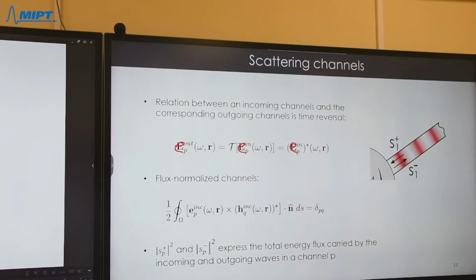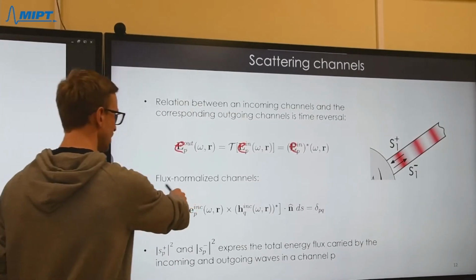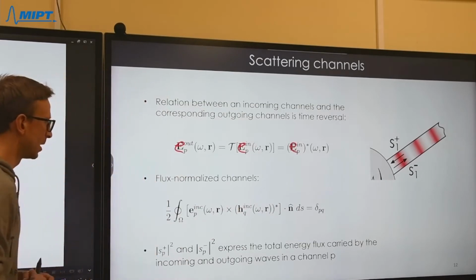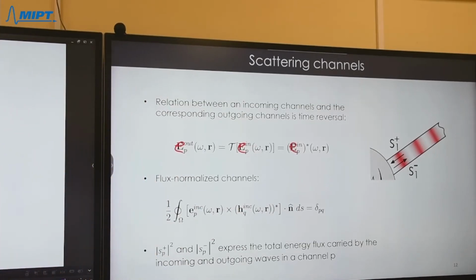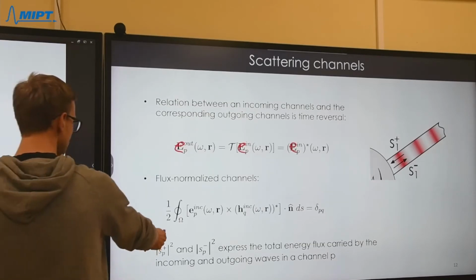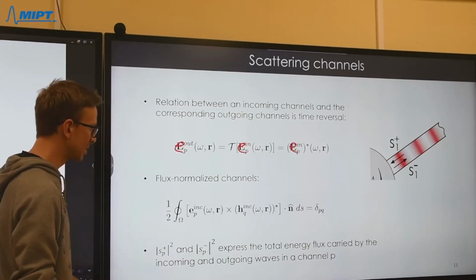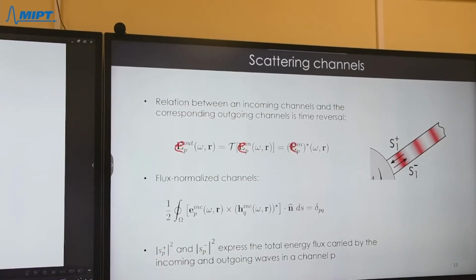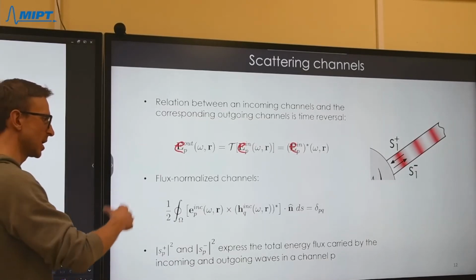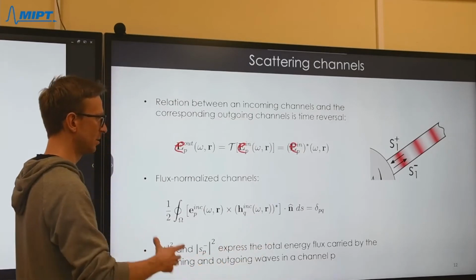And one normalization that is particularly common is the set of flux normalized channels, which is expressed by the following identity. What it tells us essentially is that the square magnitudes of these complex amplitudes of channels express the total energy flux carried away by the incoming or outgoing wave in a particular channel.